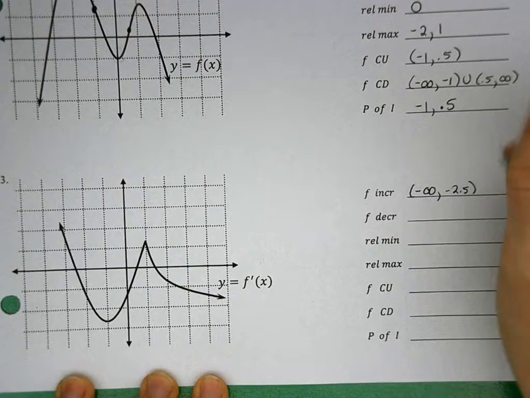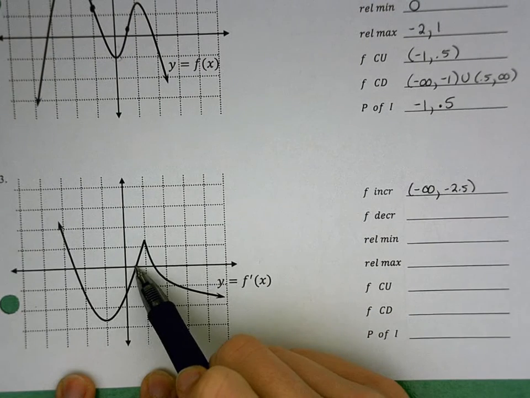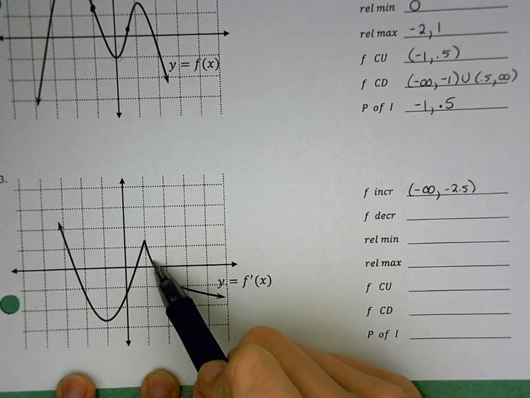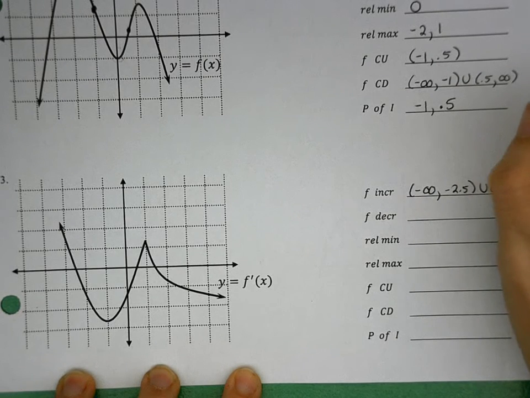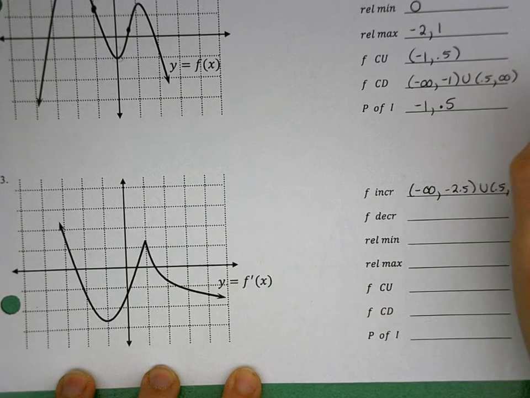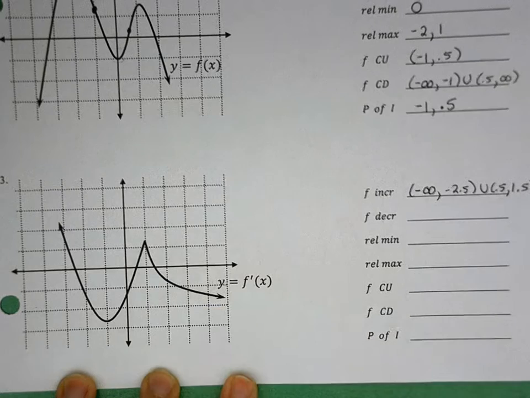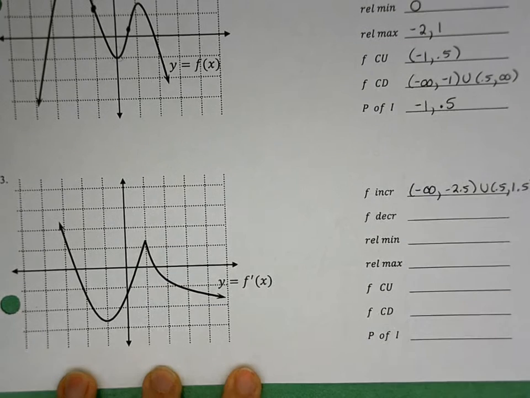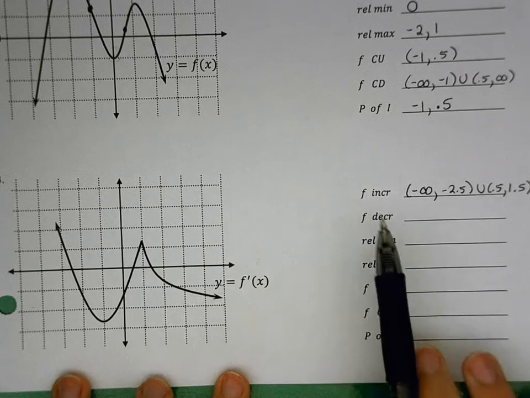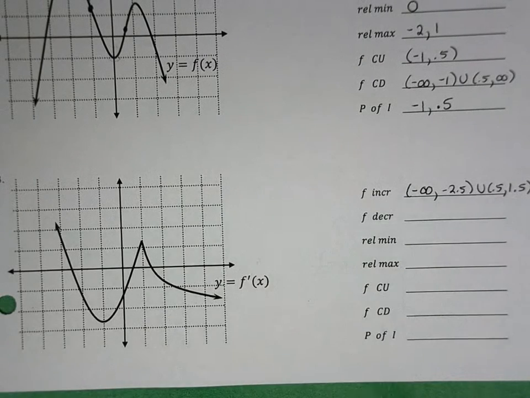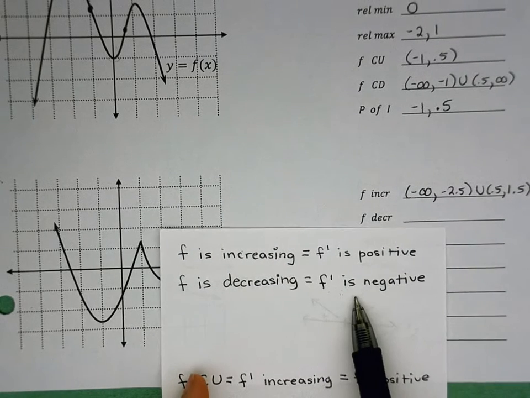And f is increasing, f prime is positive, from here at 0.5 over to about 1.5, probably more like 1.4. It looks like it's a little bit less than half, but we're going to go ahead and call it 1.5. Okay, f is decreasing, then you have to translate that as well. F is decreasing when f prime is negative.